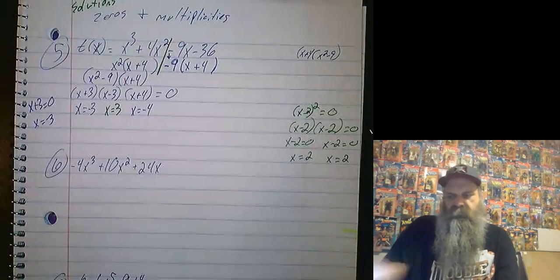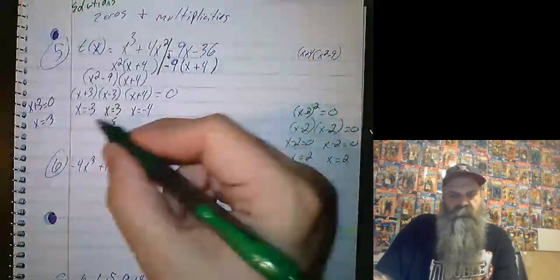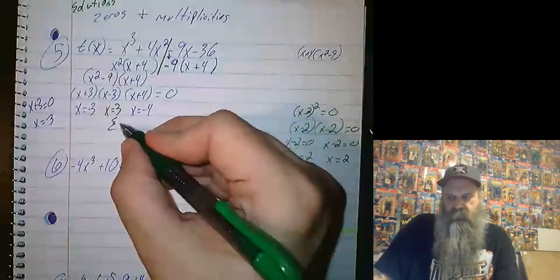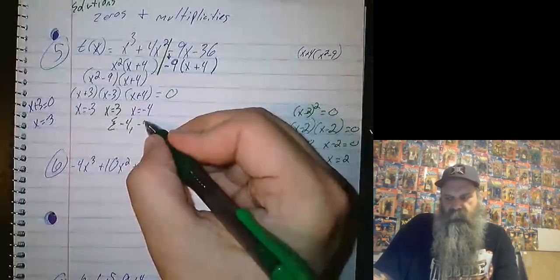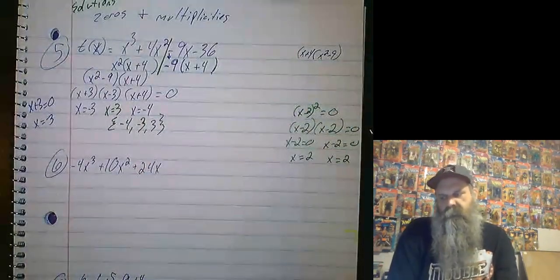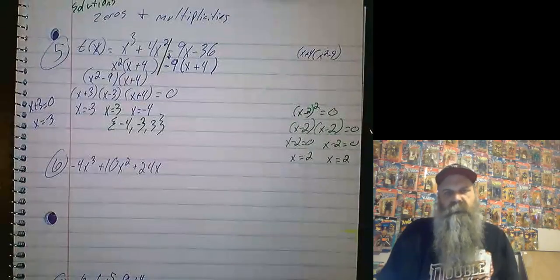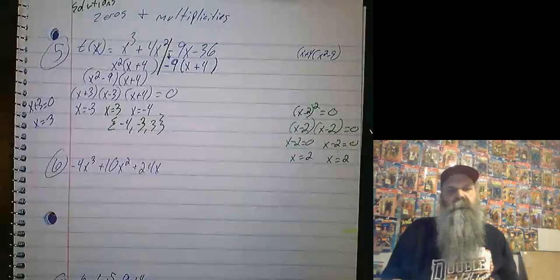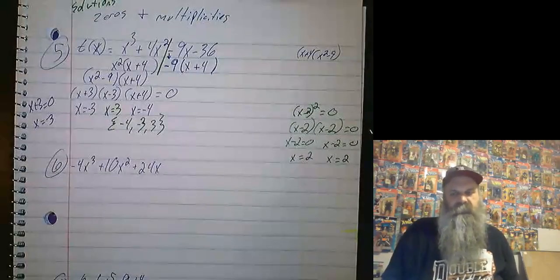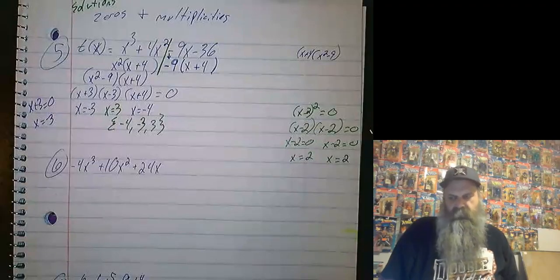So our solution set is, and it doesn't matter what order these are in, negative 4, negative 3, positive 3 in the braces here. Because that's what you use for a solution set. Usually the braces are provided in ALEKS. I can't exactly remember if they are on this one.